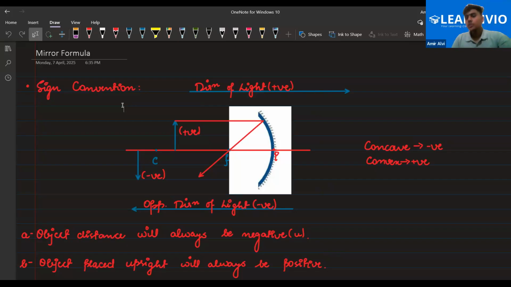So for that, we have to discuss the positive and negative sign convention in reflection as well as refraction. The sign convention that I will be using will be the same for refraction as well as for lenses, so there is no need to repeat it in the lenses part. We'll just complete this over here itself. Clear, Naveed? Yeah. Yep, that's great.